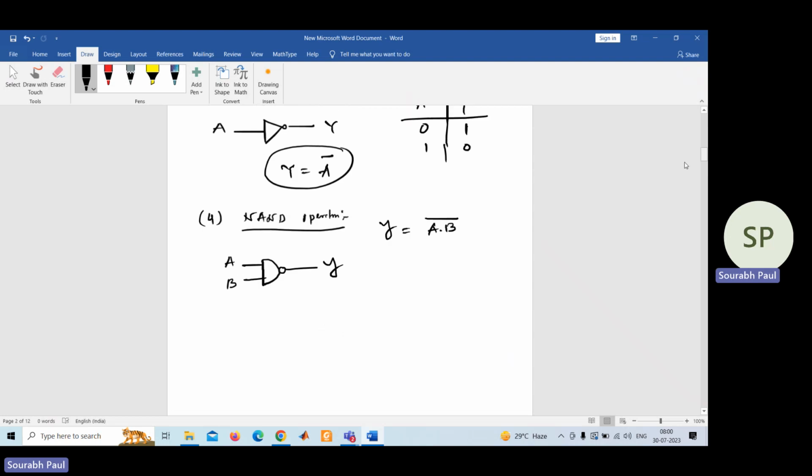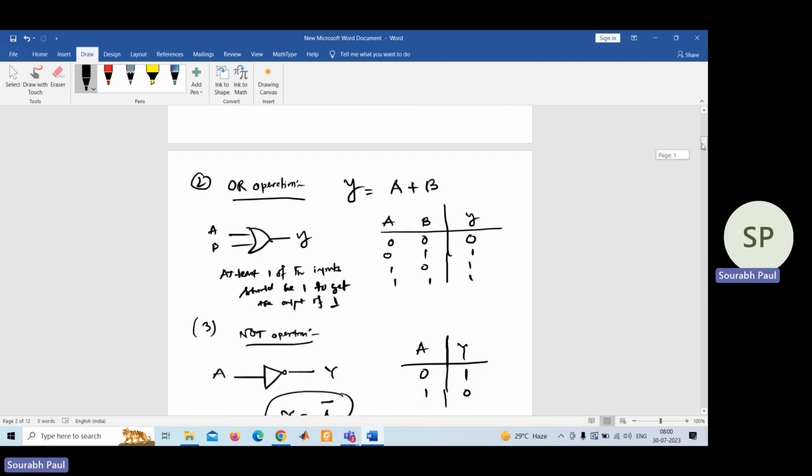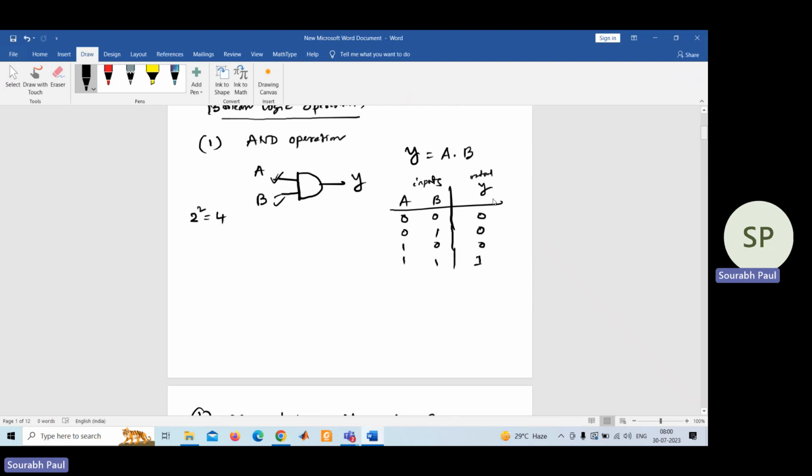Now, what is the truth table of that one? You have two inputs A and B, and output Y. First of all, you write all the four combinations: 0, 0; 0, 1; 1, 0; 1, 1. These are the four combinations possible using two variables. Then what should be the output? What output you got for AND? You need to use the concept of NOT. In AND you got 0, 0, 0, 1. So you just take the complement, or NOT operation, of that.